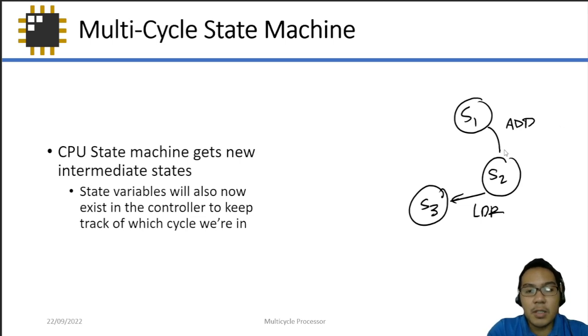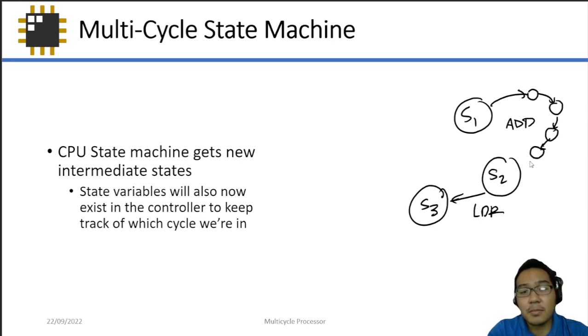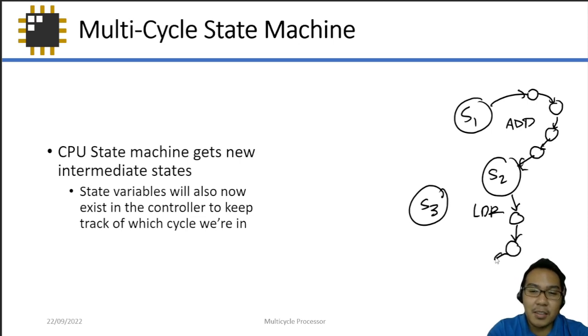Now, what happens with multi-cycle computers is your architectural state goes into a little bit of a detour before you switch to some major states where you can actually read another instruction. So the instructions cause your architecture to go on some sort of detour before it goes back and it can read some sort of new instruction again.